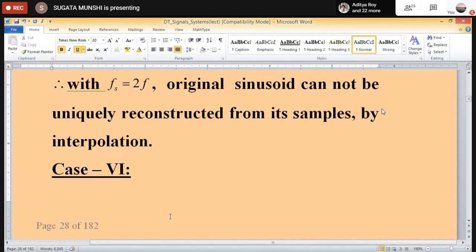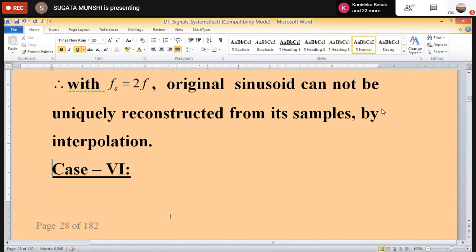Because when fs is greater than twice f, if you carry out mathematical maneuvering in the same manner as I have done for these cases, you cannot land up with an expression for x and tau from which you will be able to point out that x and tau can also be the sampled version of a lower frequency sinusoid. You cannot get such an expression.